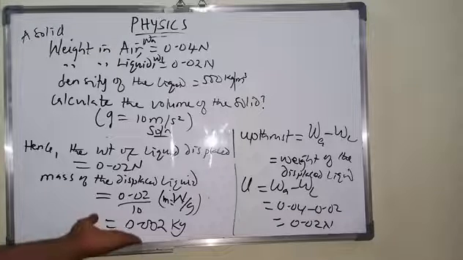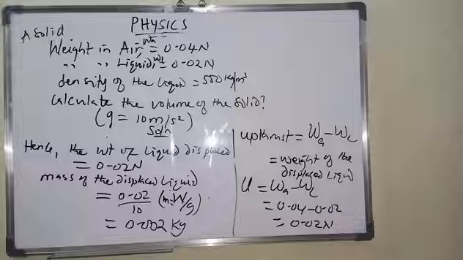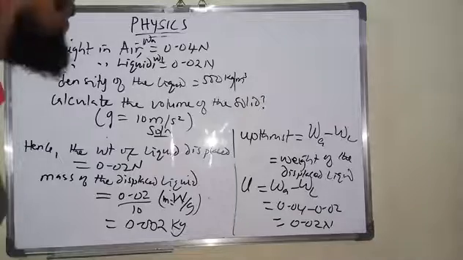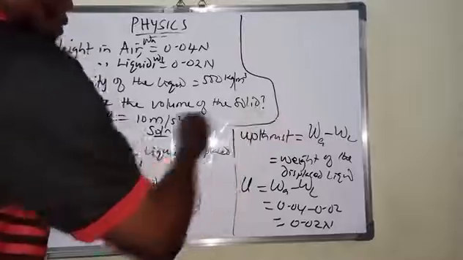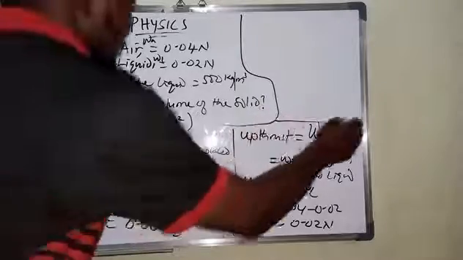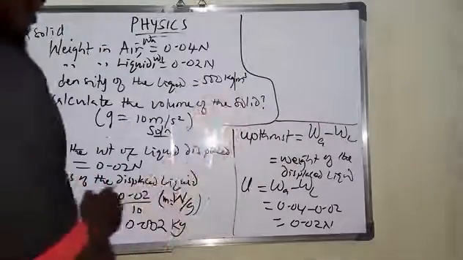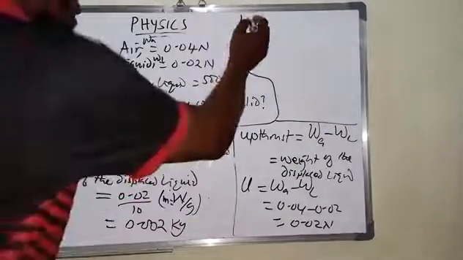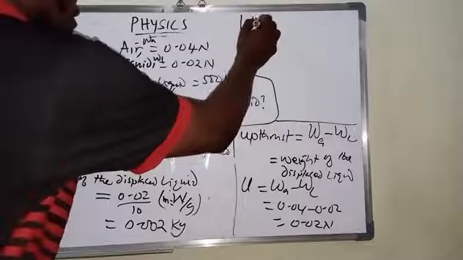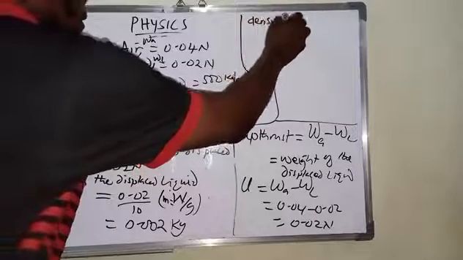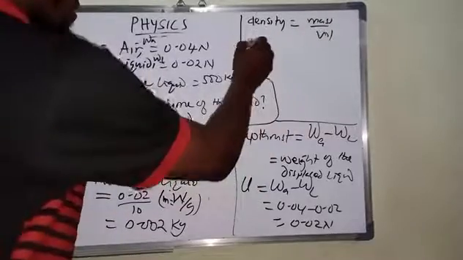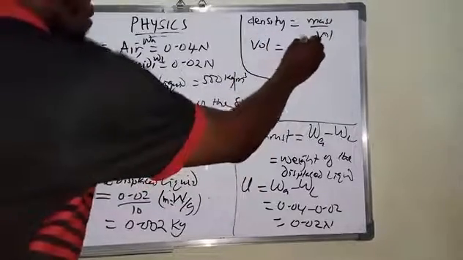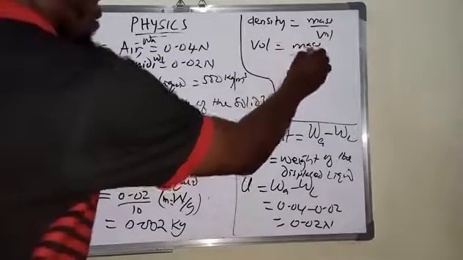So we've gotten the mass. Then we can now go ahead here to calculate the volume from the density. So we know density is mass over volume. So volume will be mass over density.